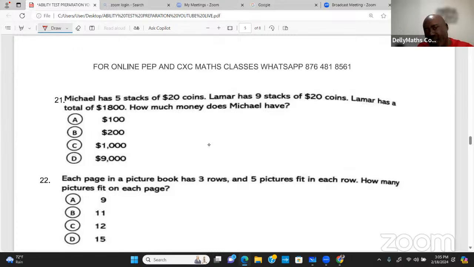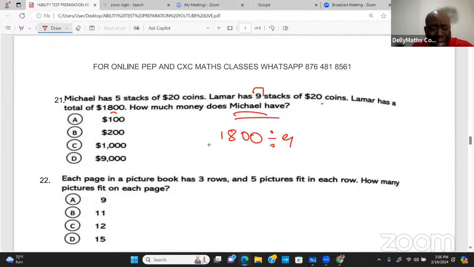All right, so Michael is on the back burner right now, but we want to use the information from Lamar to push us forward. So watch this. Lamar has 9 stacks of $20 coins, and the total was 1,800. So what this does for me is that I am going to divide the 1,800 by 9, right?